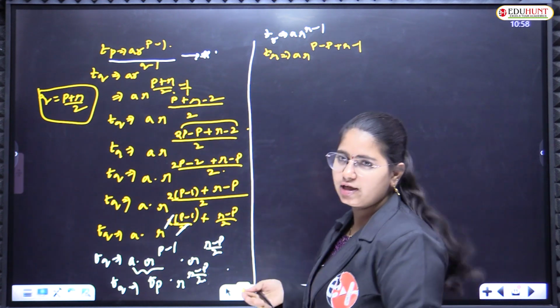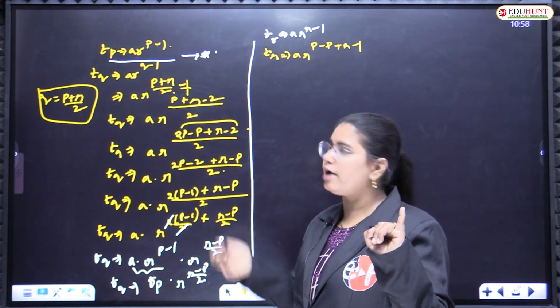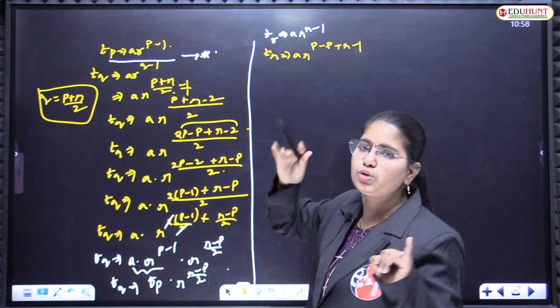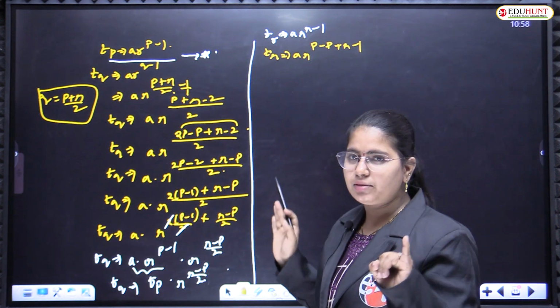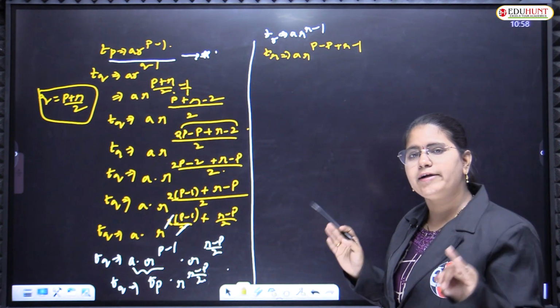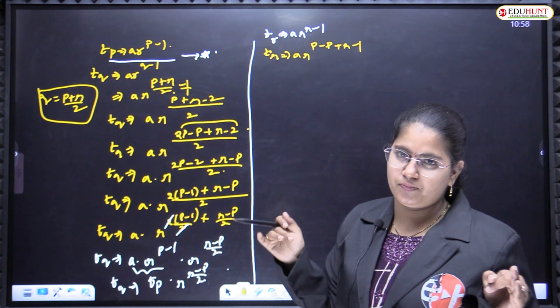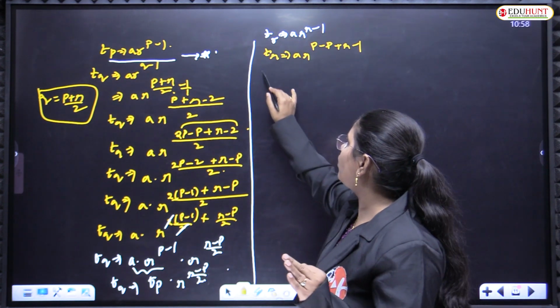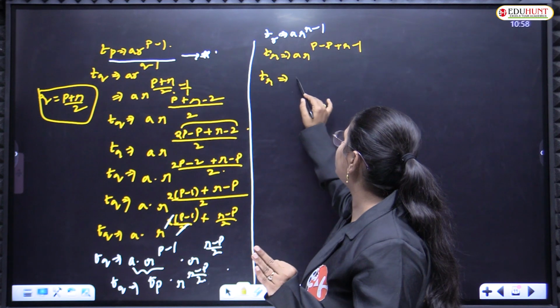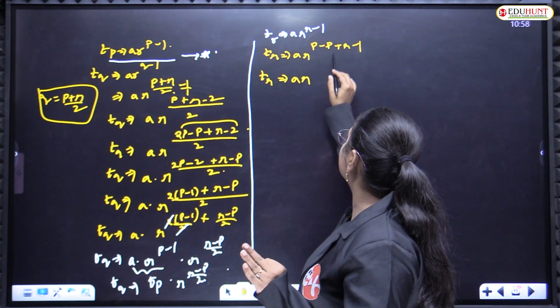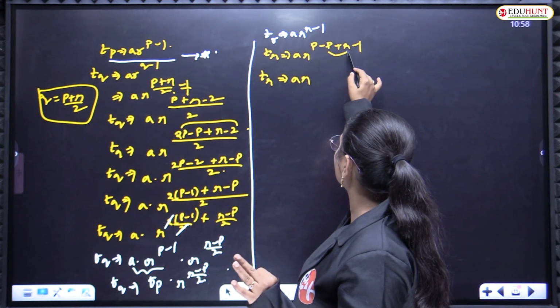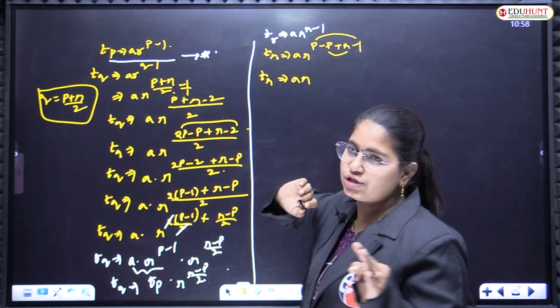Did you understand what I have done? In the first step I have TR is equal to A R to the power of R minus 1. I have just added and subtracted P in the above step. So what am I doing now? TR is equal to A R. This and this I am rearranging together.